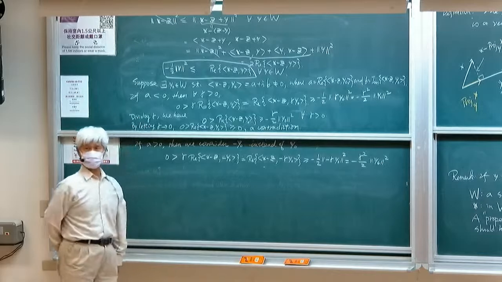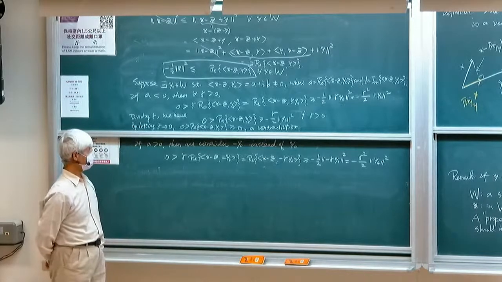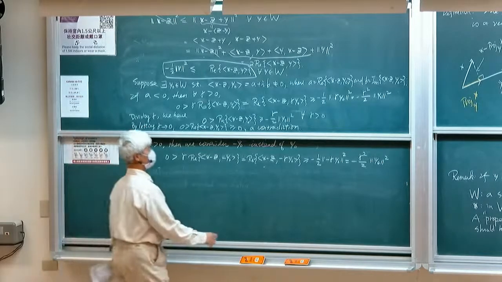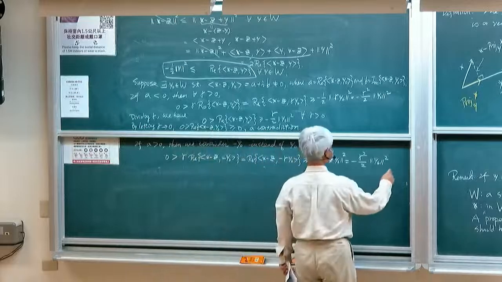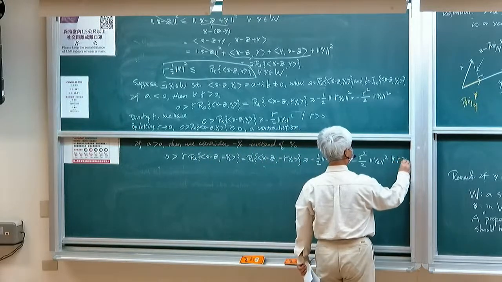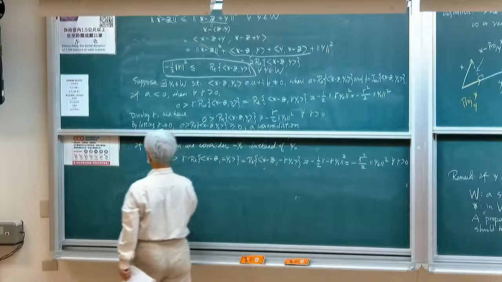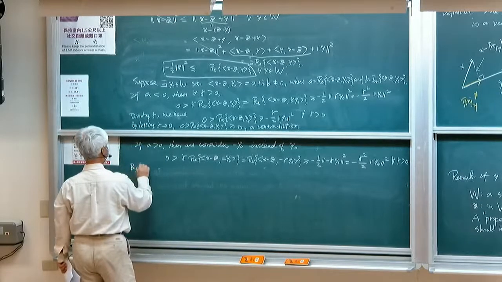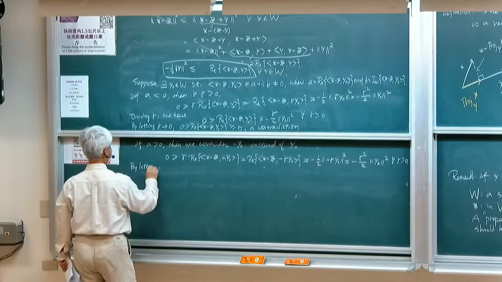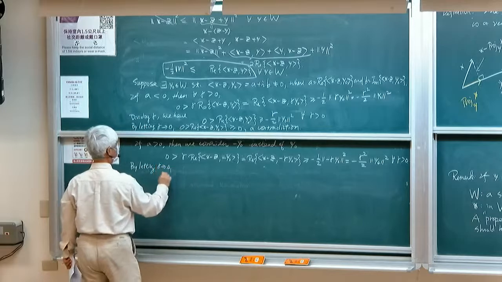We have the same situation. And this is for all gamma greater than 0. Again, by letting gamma go to 0, we have 0 greater than, so we divide by gamma and let gamma go to 0.